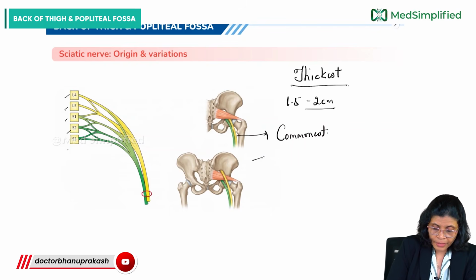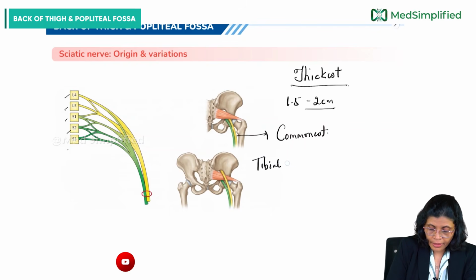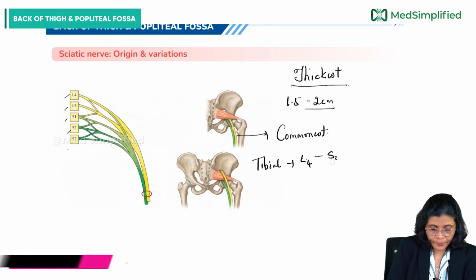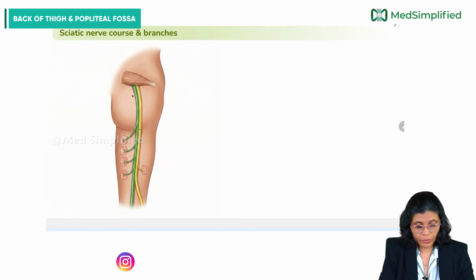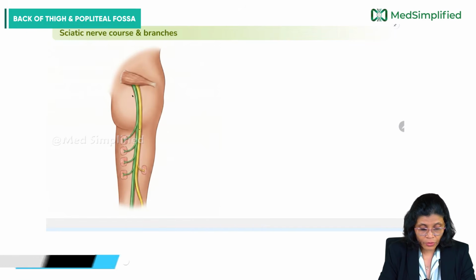So the tibial component, basically the root value will be L4 to S3, and the common peroneal component will be L4 to S2. In the posterior compartment of the thigh, it emerges below the gluteus maximus, and it runs vertically downwards.